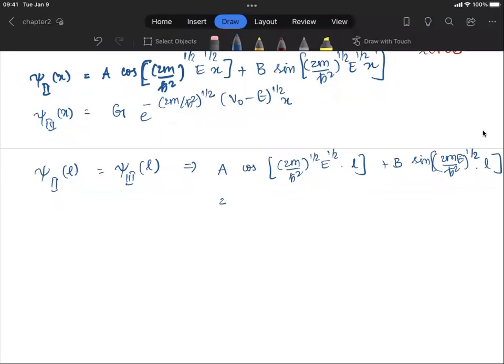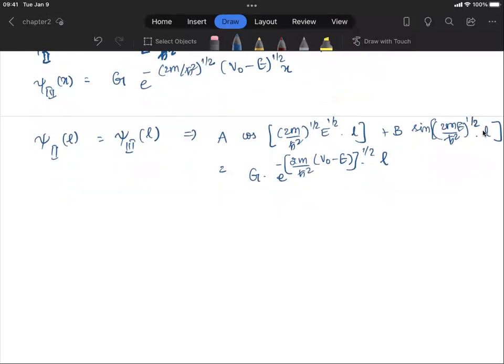This should be equal to g times e to the power negative 2m over h bar squared times L. So these terms should be equal, right?